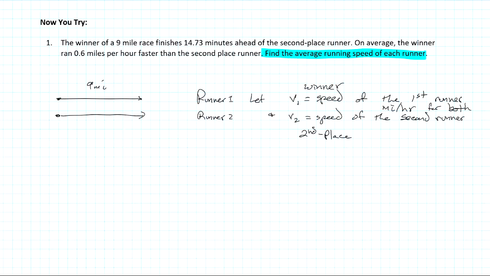But the time for the first one is 14.73 minutes, we keep that unit in here, less than, right? We're ahead of the second place runner, less than because they're spending less time, right? So that equals T2. That's my first sentence.